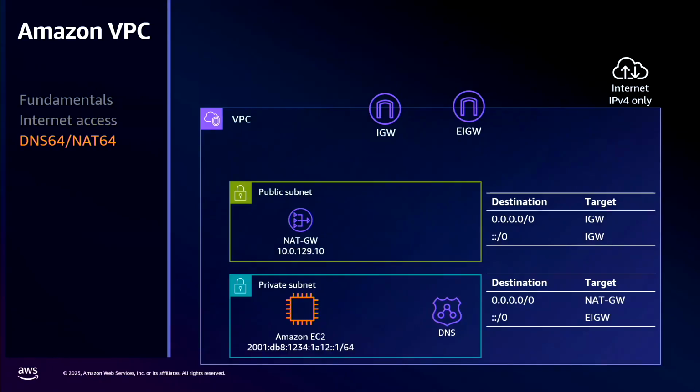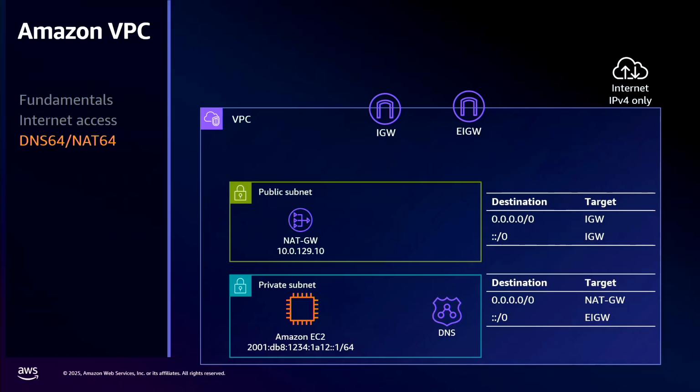Now let's have a look at another situation, a bit similar, but here the challenge is that we have an EC2 instance that only speaks IPv6 and it wants to speak with a target on the internet which only speaks IPv4. So now we have IPv6 needing to talk with IPv4, and we need a way to translate between the two. What we would do here is to use the Route 53 resolver and to enable DNS64.